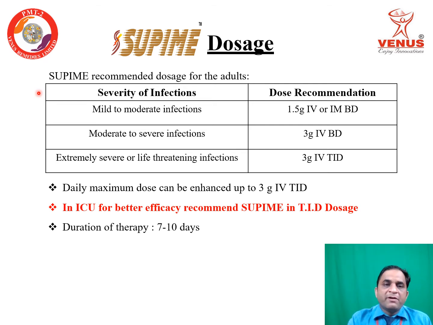For moderate to severe infection, Supine 3 gram pack IV BD. And for extremely severe or life-threatening infection, Supine 3 gram pack IV TID dosage. So the daily maximum dose can be enhanced up to 3 gram IV TID.